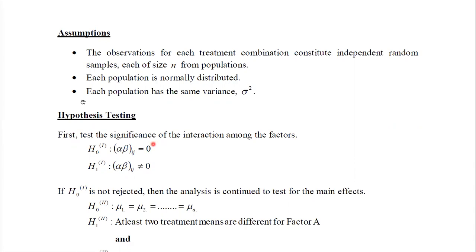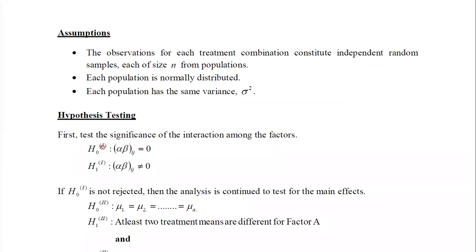Now we will go back to hypothesis testing, and this is the first hypothesis that we are going to test: the hypothesis for the interaction among the factors. As I told you previously, we test for the interaction among the factors first. This is the null and alternative hypothesis used for the testing procedure.